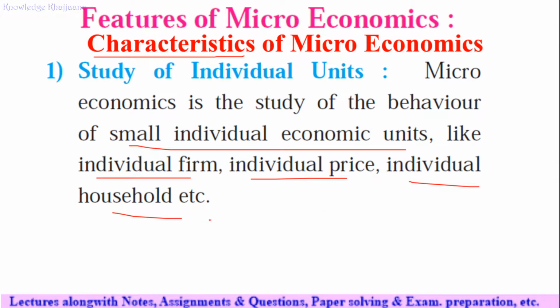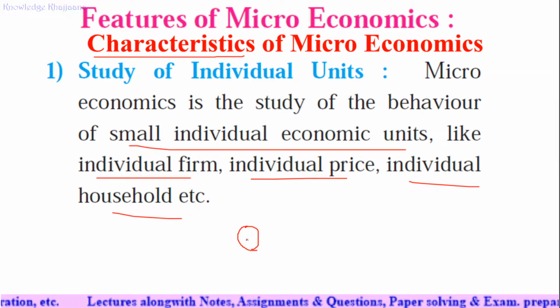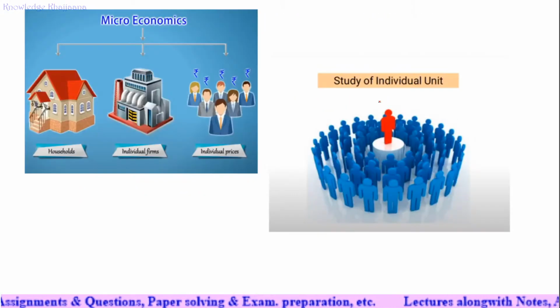Why does it do so? So as to learn in detail about that individual unit. If the emphasis is given on that specific unit, then only it is possible to learn in detail about it, for example a specific household, household meaning home, or a specific commodity. Microeconomics learns in detail about the specific household, individual firm, a specific business, individual prices, the prices of different labors.